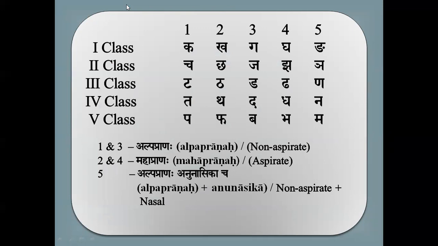Anu means along with. For example, Rama anugacchati Lakshmanaha, Lakshmana goes with Rama. So alpa prana anunasika means non-aspirate plus nasal. I hope it is clear now.